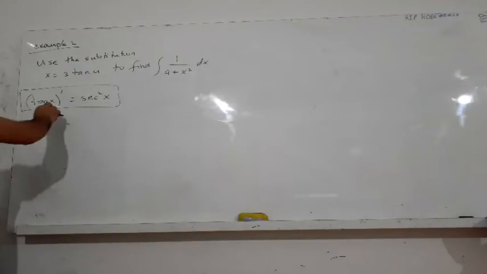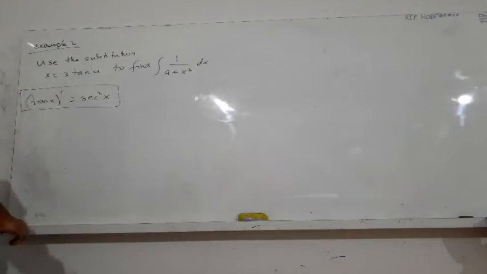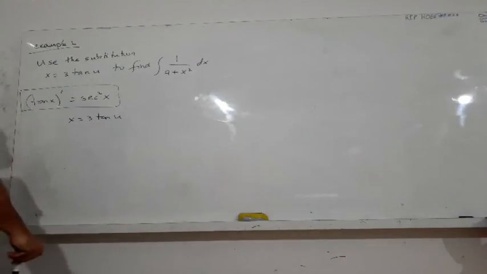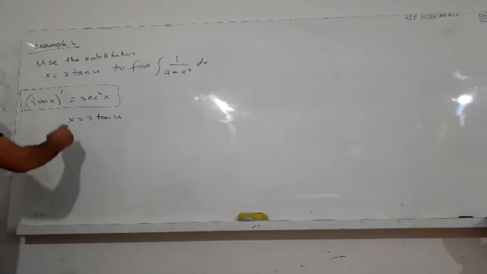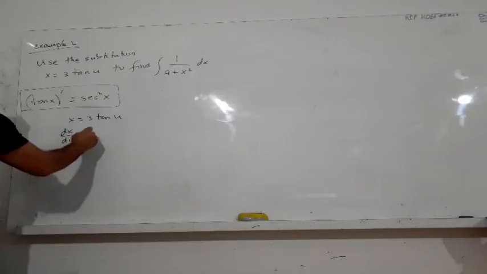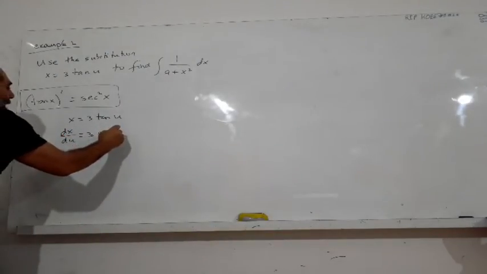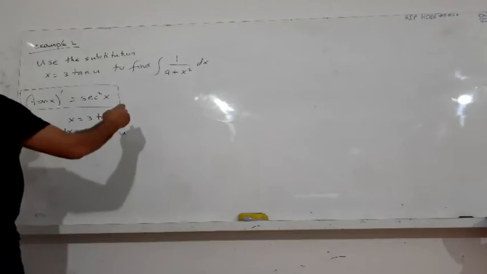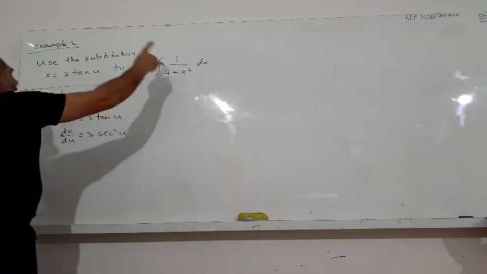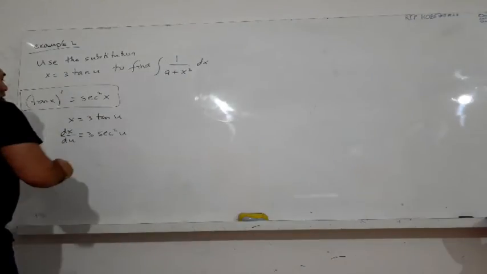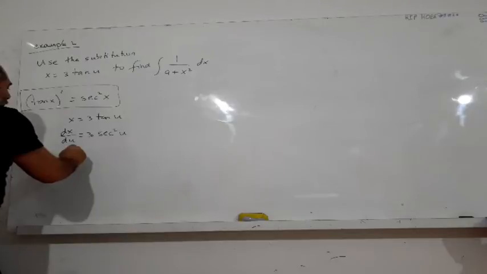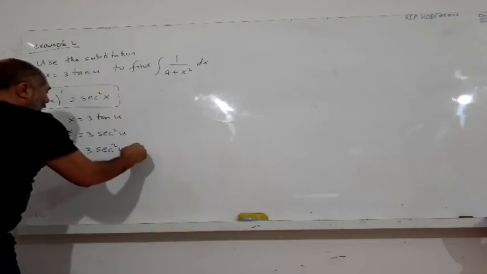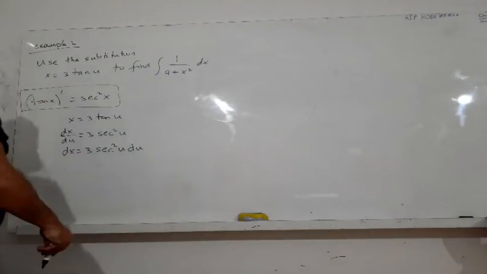x is equal to 3 tangent u. So dx over du is equal to 3 sec squared u. And substitute x and dx there. It is easy to see that dx is equal to 3 sec squared u du. Let's carry on with the question. We have 1 over 9 plus x squared dx.